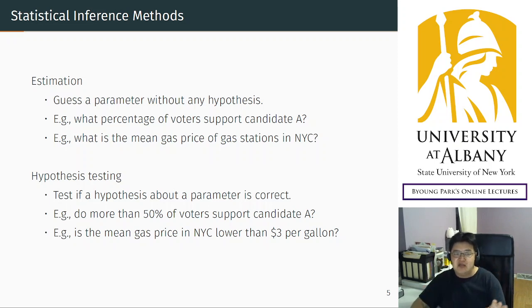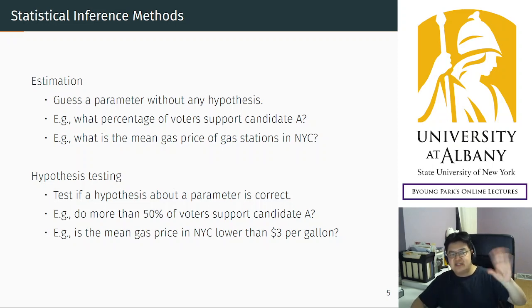For example, you believe that more than 50% of voters support candidate A. That is the given hypothesis, and you are testing if it's correct or false. Similarly, you believe that the mean gas price in New York City is lower than $3, and now you are testing if that hypothesis is true or not using the data.